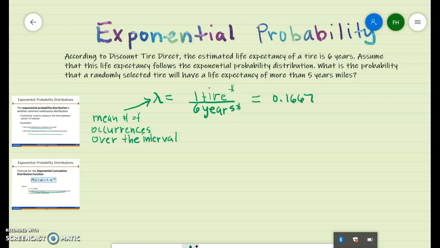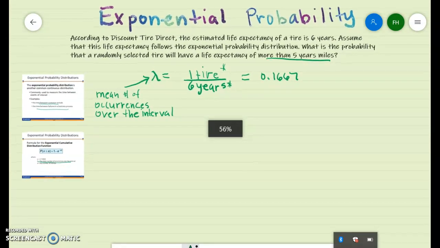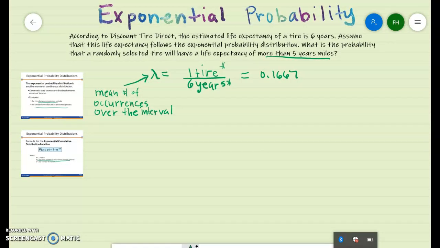So to find the probability that it will have a life expectancy of more than 5 years, let's look at that. I'm not sure why miles is on there. It should be more than 5 years. So let's work this one.